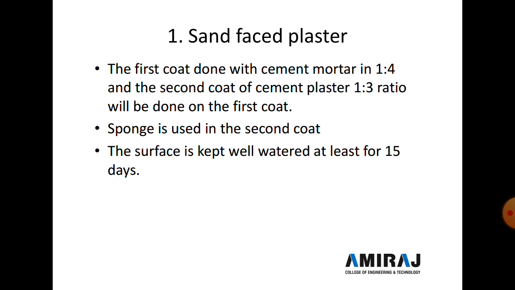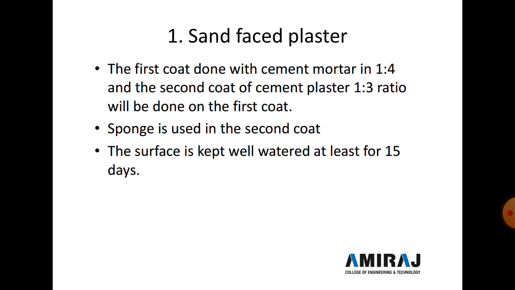If we take it in the form of weight, it is 1 kg of cement and 3 kg of sand. Now a sponge is used in the second coat. It is applied when the second coat is wet.